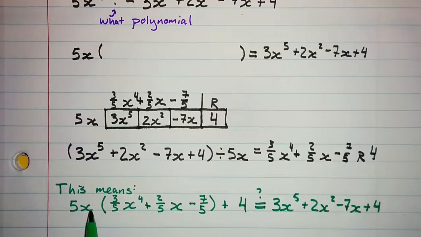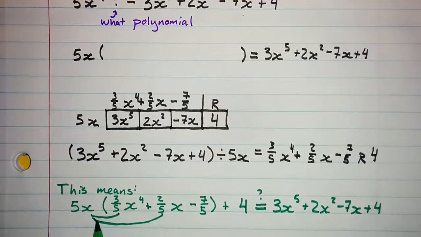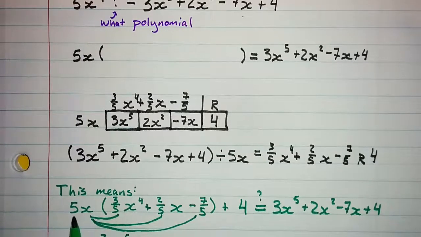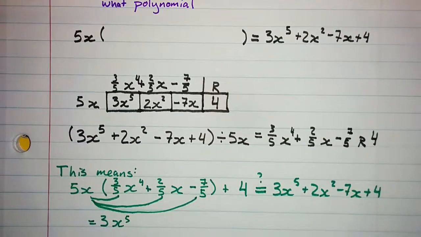Here we're multiplying a monomial by a trinomial. So we'll distribute 5x times 3/5 x to the fourth. You can, if you like, use a calculator to check that 5 times 3/5 gives me 3. X times x to the fourth is x to the fifth. 5x times 2/5 x.